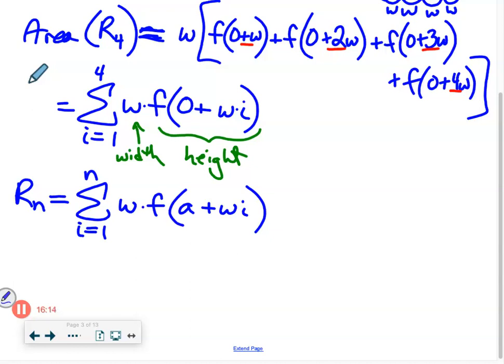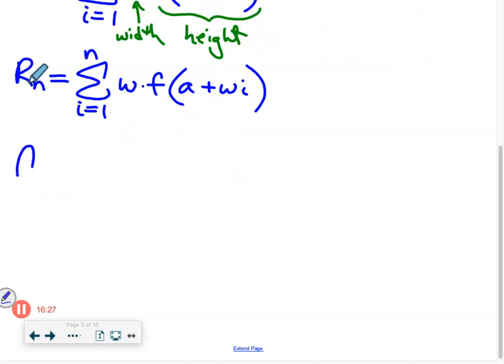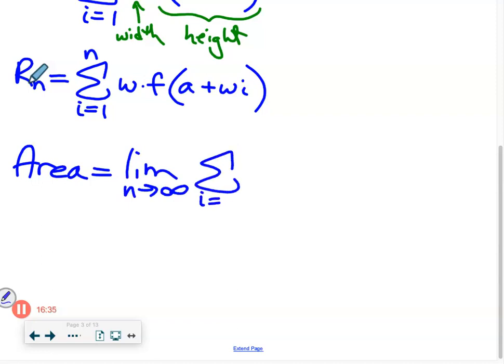There's only one little thing we need to add to this, and that's to take the limit as n approaches infinity. So if we wanted exact area, we get the limit as n approaches infinity of the sum as I goes from 1 to n of our width times f of our left endpoint plus width times I.